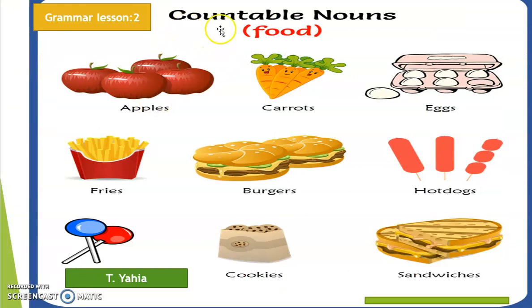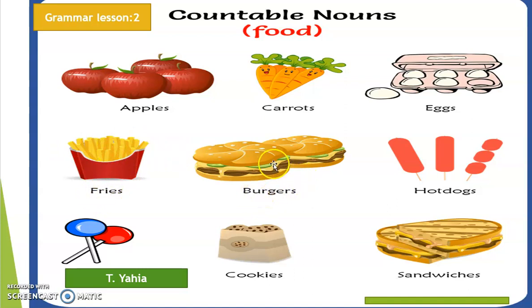So the countable nouns, such as the fruits, we can count, as you see in the first slide. How many fruits do we have here? There are 4 apples. Here the carrots, you can see the 5 carrots. Eggs, so there are 6 eggs. And then we have here fries. As you see here, we can count how many pieces there are inside, so we can count the fries.